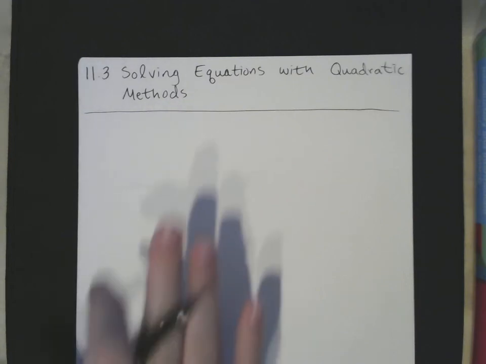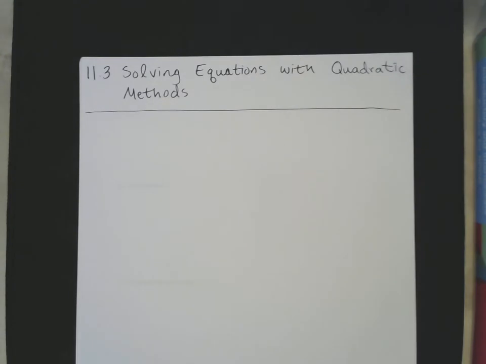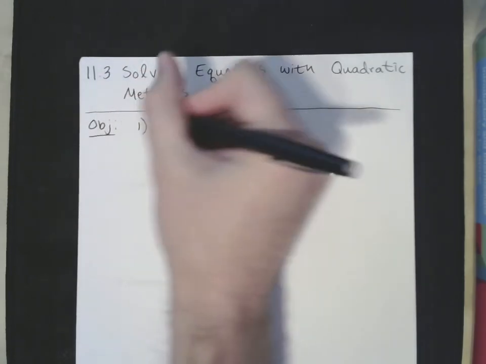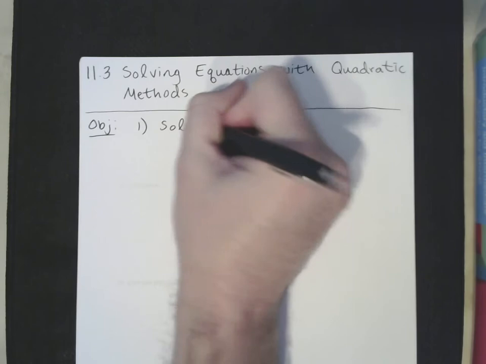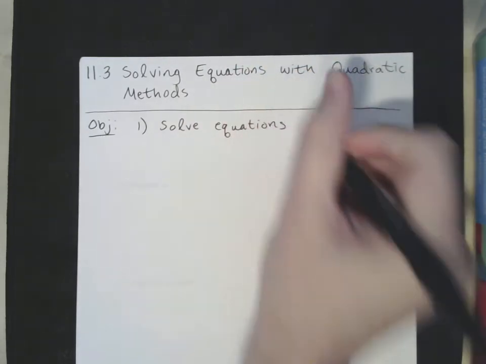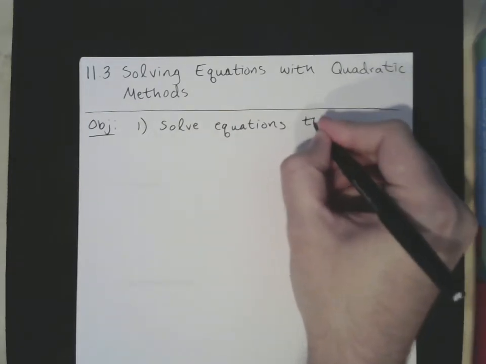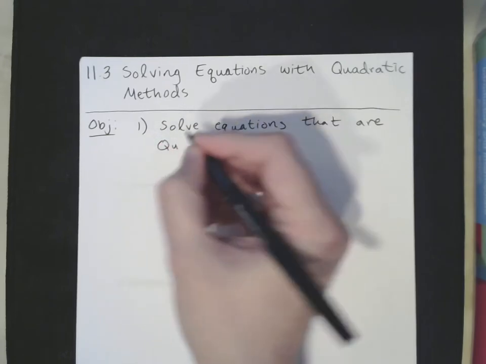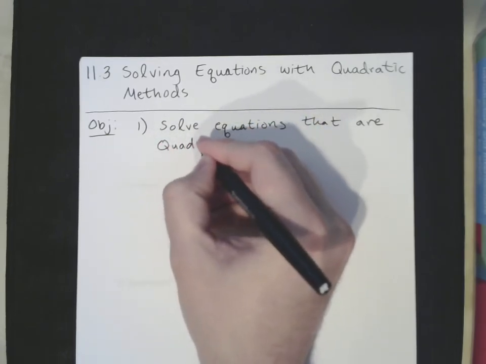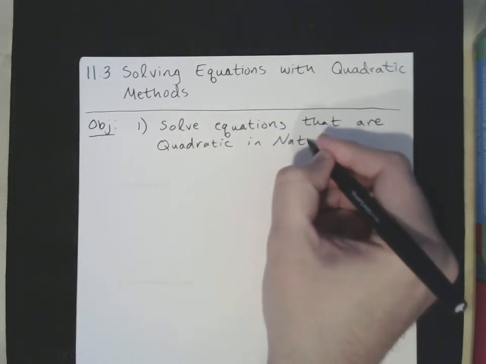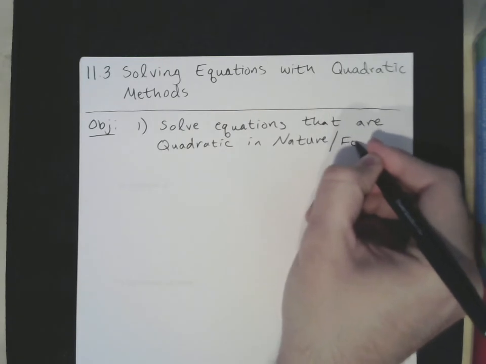Okay, section 11.3. We are solving equations with quadratic methods. So we have two things to do in this section. The first is to solve equations that we say are quadratic in nature or form.